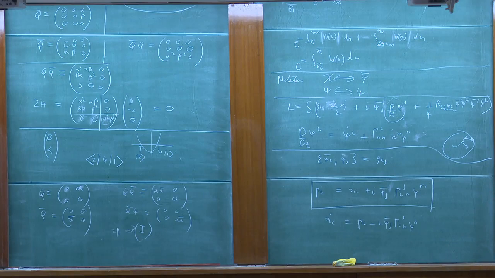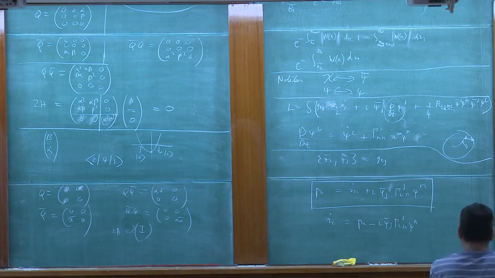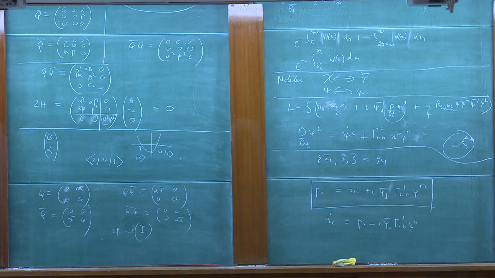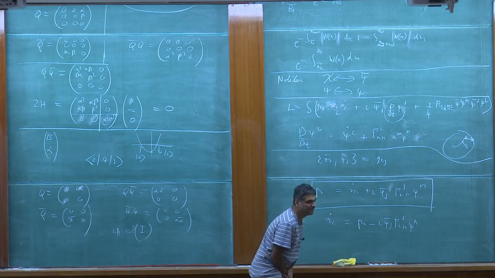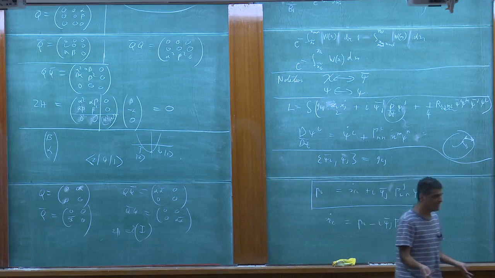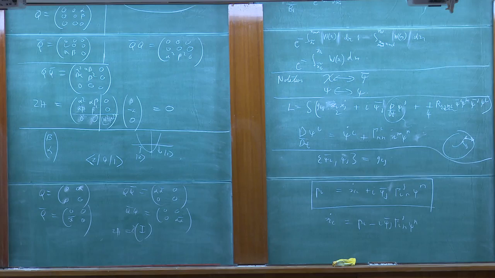It's just del by del xi. So suppose we have pi acting on a form. You remember, right, from last lecture, how we're going to build up forms? It is del by del xi only when we are building a flat space. No, it's just del by del xi because it's canonically conjugate to xi. Whatever is canonically conjugate to xi will be implemented as del by del xi. Okay? So pi will always be del by del xi, where del by del xi is not some fancy del, it's just a derivative.